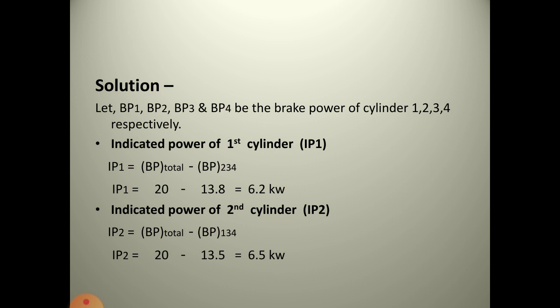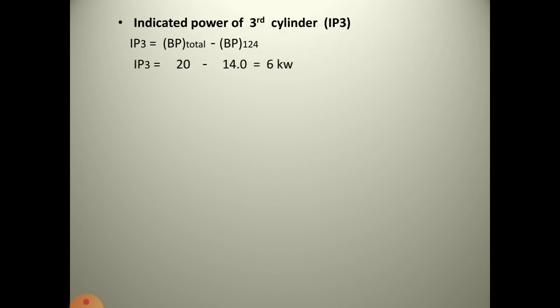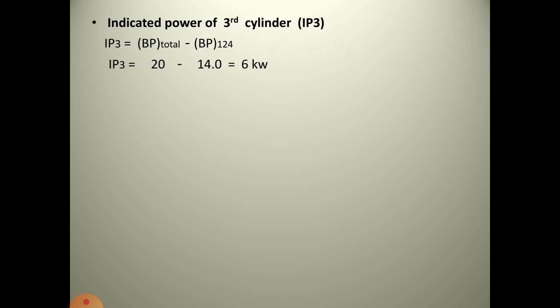In this way we have calculated the indicated power of the first cylinder, which is 6.2 kilowatt, and of the second cylinder, 6.5 kilowatt. Likewise we find the indicated power of the third cylinder, where the power produced by cylinders 1, 2 and 4 is 14.0, so IP3 is 6 kilowatt.